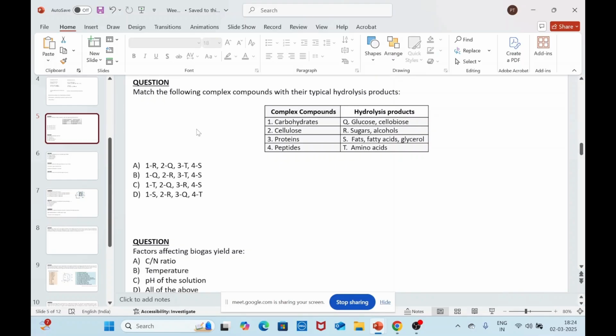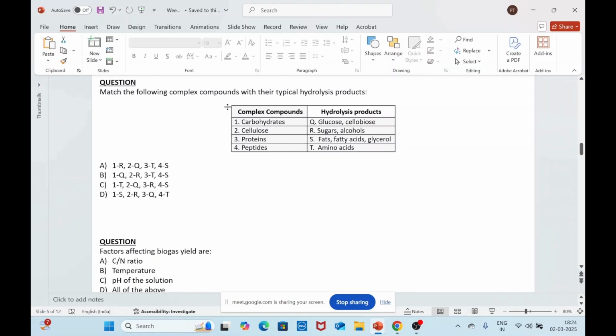The first question, as you can see, is to match the complex compounds and their typical hydrolysis products. Which one among A, B, C and D?